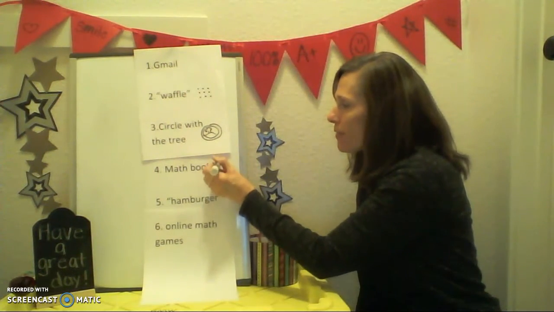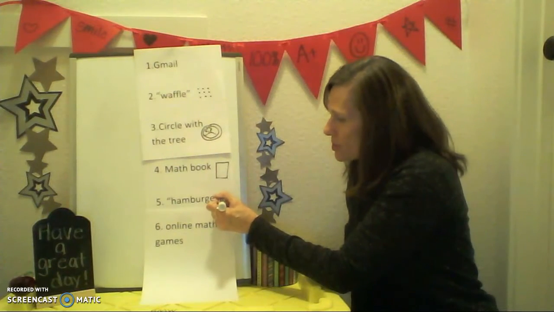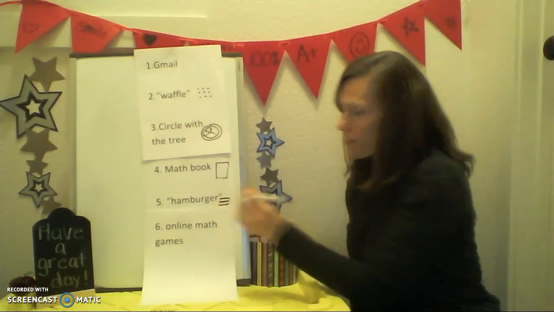Okay, after you do that, then there'll be a picture of our math book, right? Then after the math book, you're going to go up to the top on the left, and we called it in class the hamburger. Remember? And it's just like 3 straight lines, like the bun on the top, the meat in the middle, and then the bun on the bottom, right?